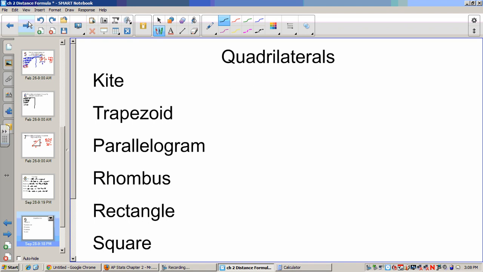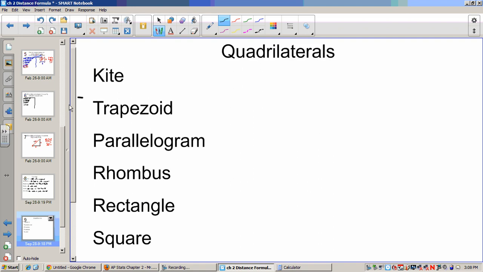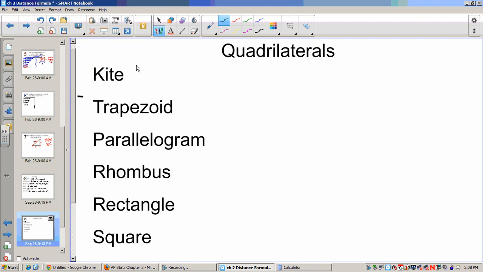Now quadrilaterals. Hopefully you've seen all of these terms before: kite, trapezoid, parallelogram, rhombus, rectangle, and square. But I'm just going to help you remember. A kite is an object that looks like this, where it has two sets of congruent sides that are connected.